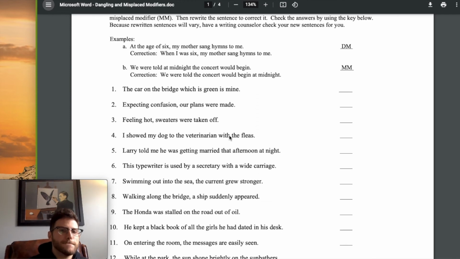Let's do 1 and 2 together, and then you'll do 3, 4, and 8 down in the comments. But together we'll do 1 and 2.